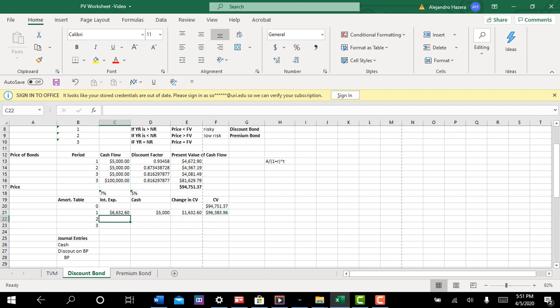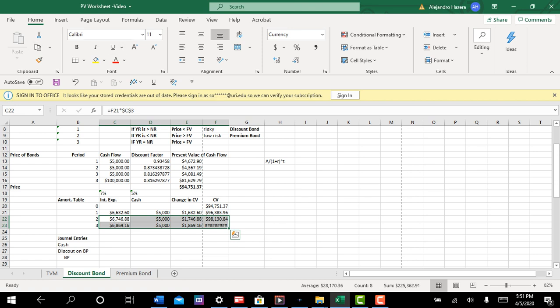Okay, so let's go on. And so if I've got this set up right, you should actually be able to just copy that first row. Make sure you got the dollar signs where they should be. And let's see if I did it correctly.